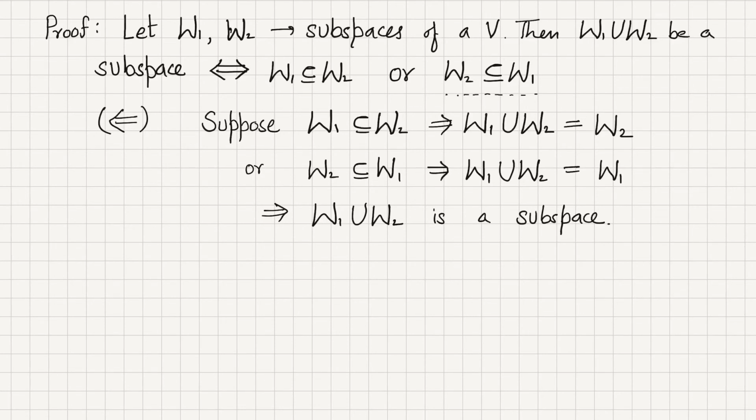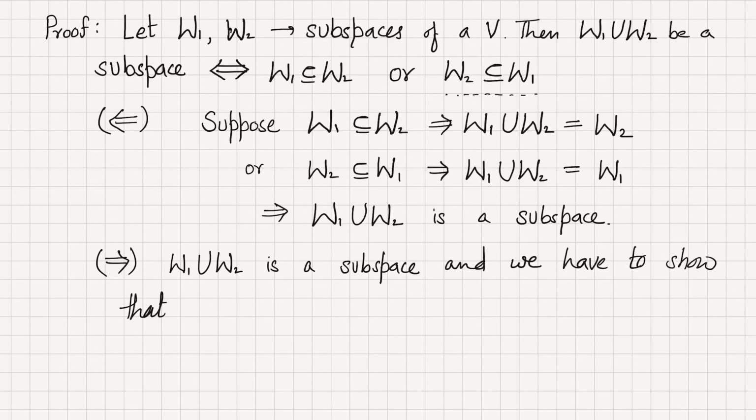Now let's see the direct part, which says that suppose W1 union W2 is a subspace of V, then we have to show that either W1 is contained in W2 or W2 is contained in W1.